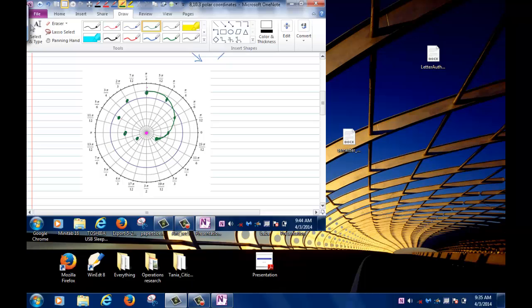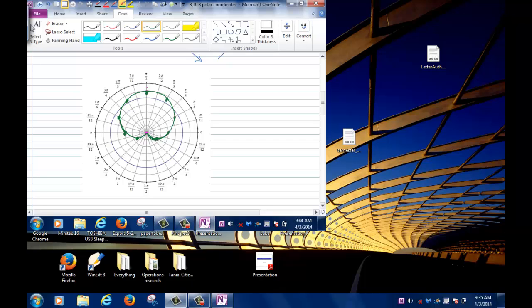And between pi over 2 and pi, the r value is decreasing, right? So what you have is this, and between pi and 3 pi over 2, what's happening? It's decreasing like this, and then it increases like this.